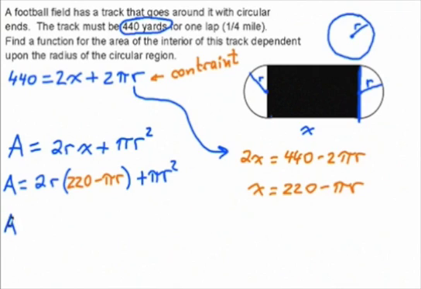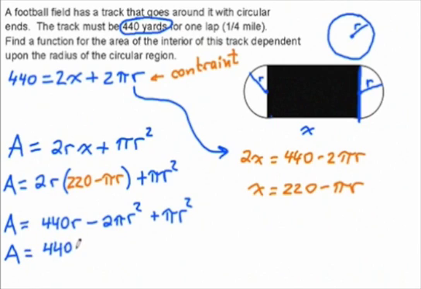So we're going to get area as a function of r is going to be 440r, 2r times 220, minus 2 pi r squared plus pi r squared. And then finally we can simplify these two because they have like terms. And we're going to get A is equal to 440r minus pi r squared.